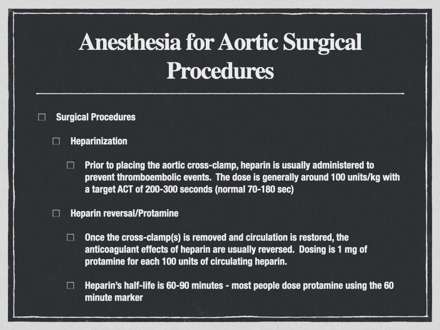It's, if anything, more for ease of math, but the caveat can be when you have to do additional doses depending on the length of the cross clamp time. Generally, redosing heparin would occur every 60 minutes.